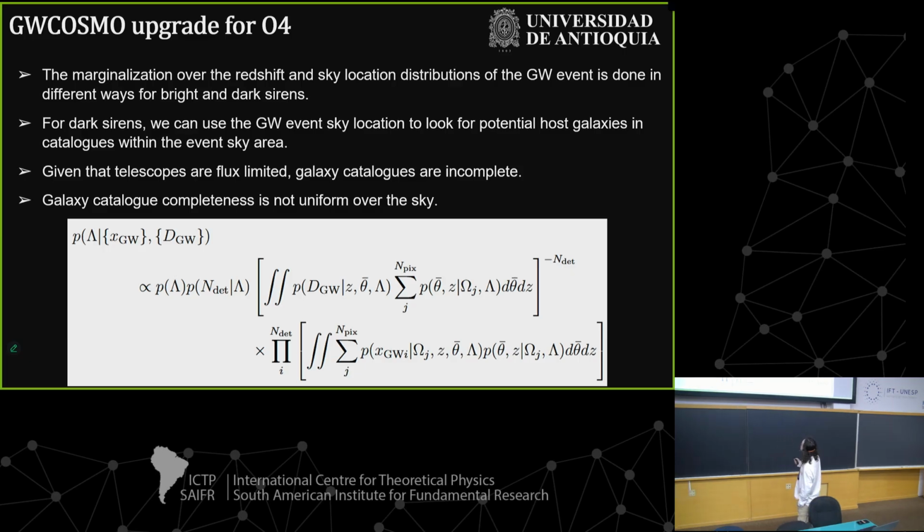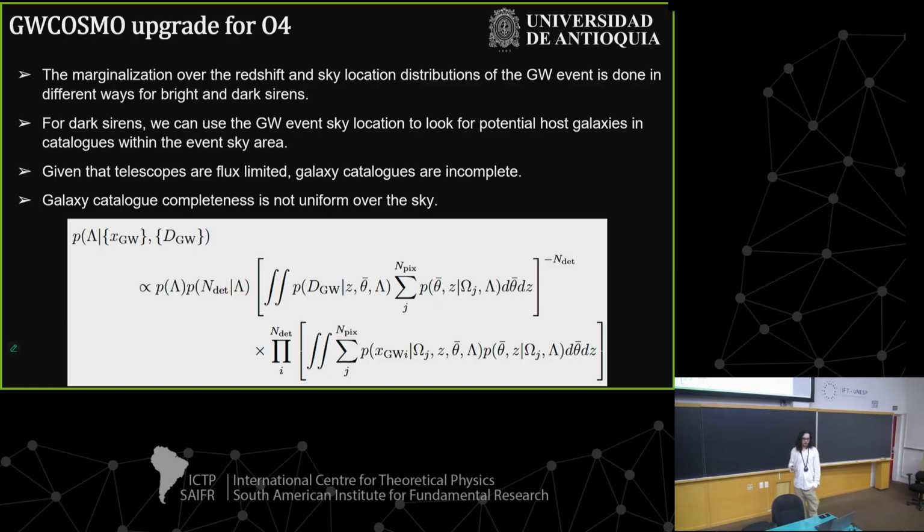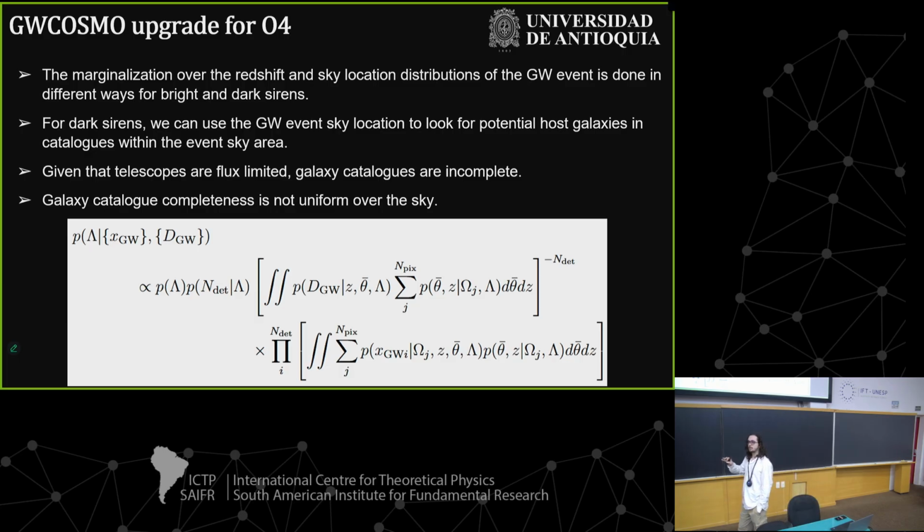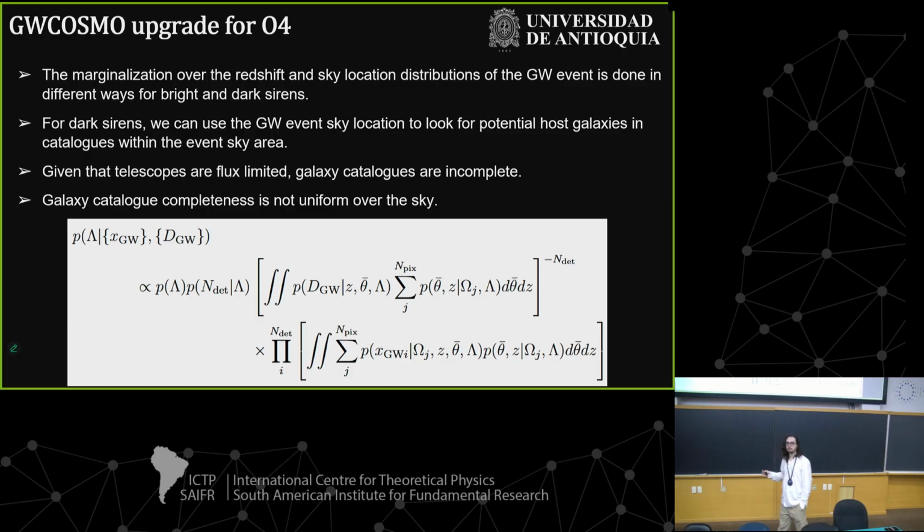The idea in the dark siren case is to use the gravitational wave event sky location to look for potential host galaxies in the galaxy catalog within that event sky area. To do that, you can do a pixelization over the sky, which simplifies the problem, so you only focus on the pixels inside the sky location of each gravitational wave event.